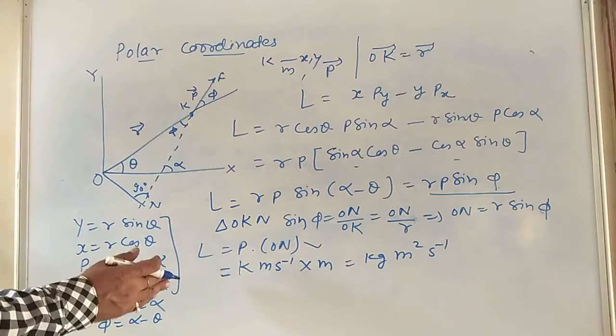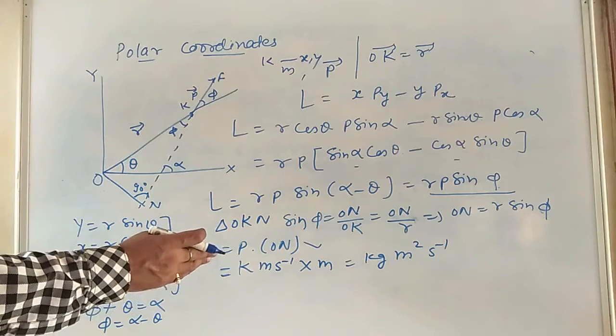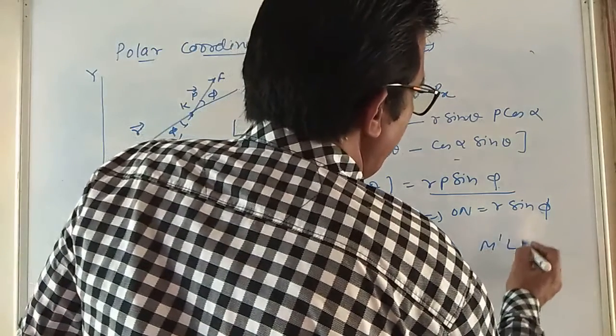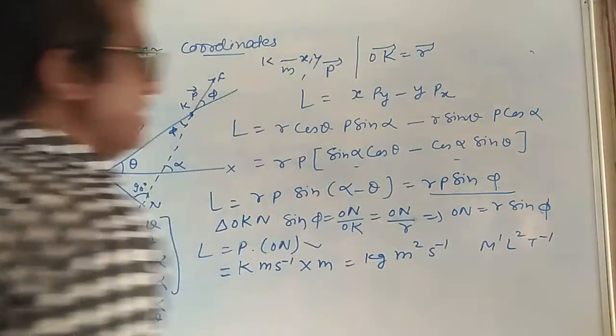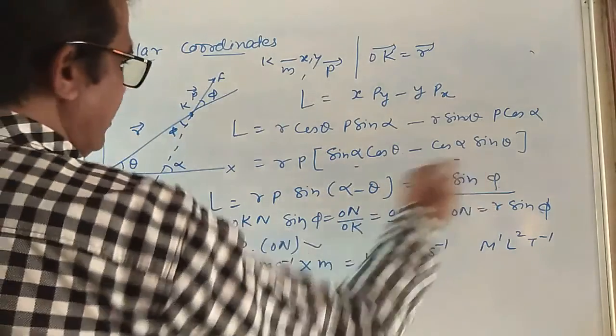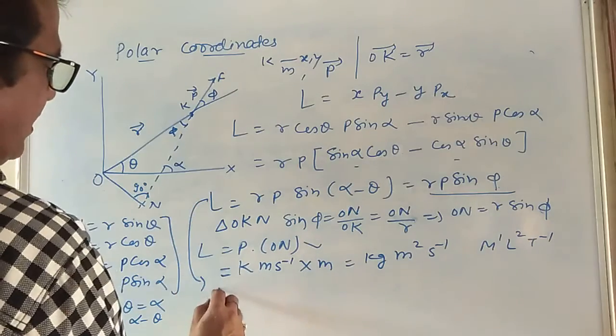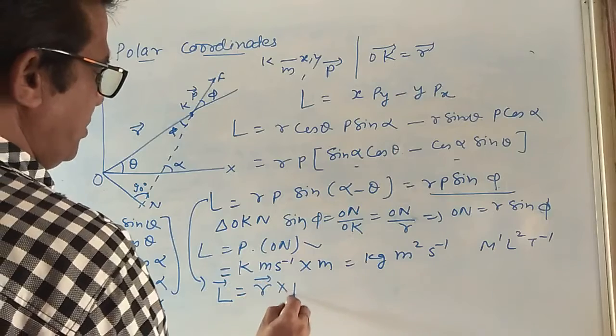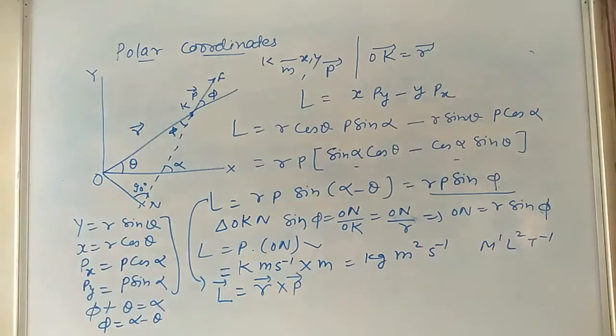And the dimensional formula of angular momentum you can easily find out: M1 L2 T minus 1. Write down. Or in vector form you want to write this, L is equal to R cross P. Remember that. L is equal to R cross P. Okay?